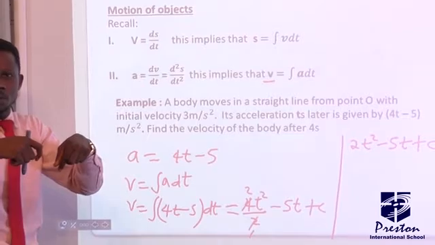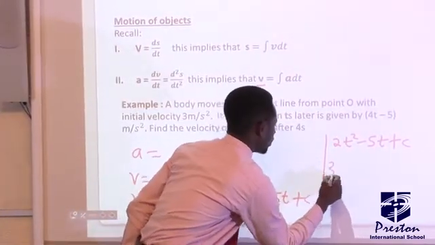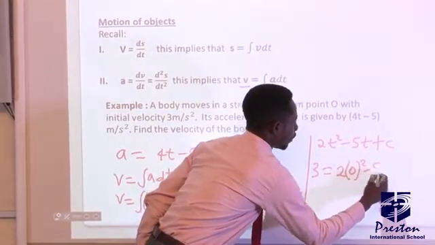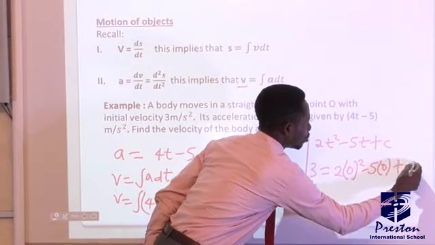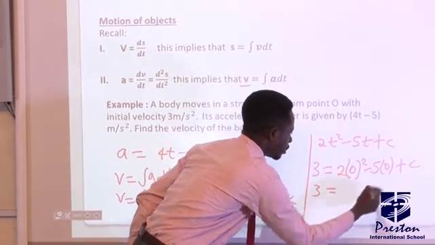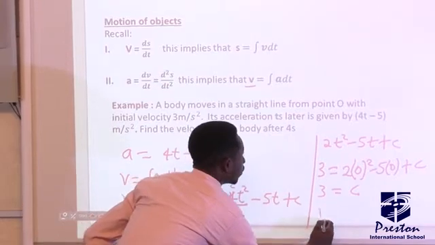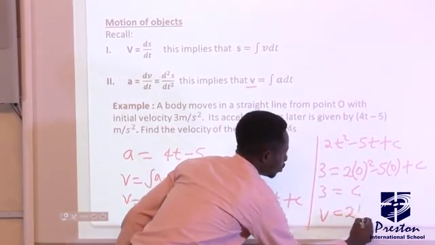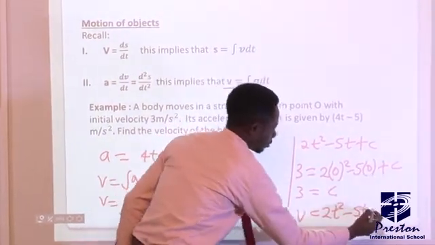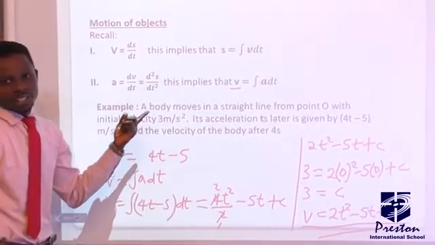So we now have our velocity, which is 3, is equal to 2 times 0 squared minus 5 into 0, because time is equal to 0, plus c. So we have 3 is equal to, everything here comes to 0, then c. That means c is 3. Then we have the velocity to be v equals 2t squared minus 5t plus 3. And this will give us the velocity of that same body.